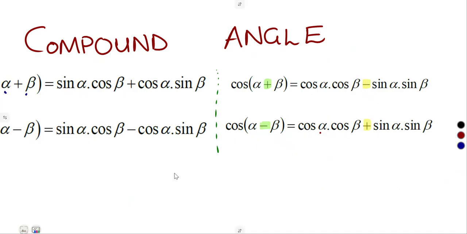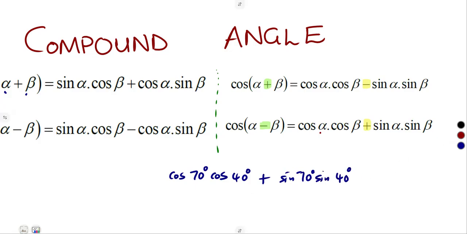Okay, what am I trying to say? They can give us something like this: cos 70 degrees, cos 40 degrees, let's just use 40 here, plus sine 70 degrees, sine 40 degrees.